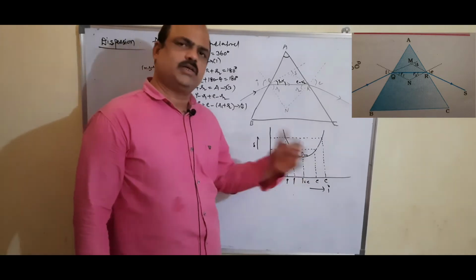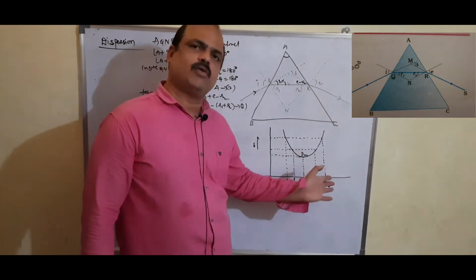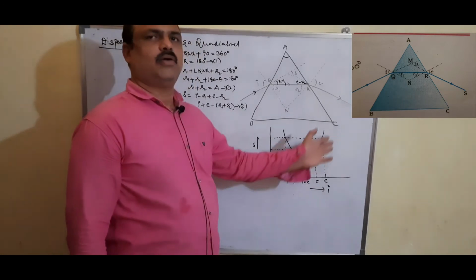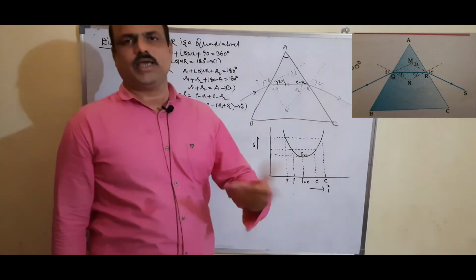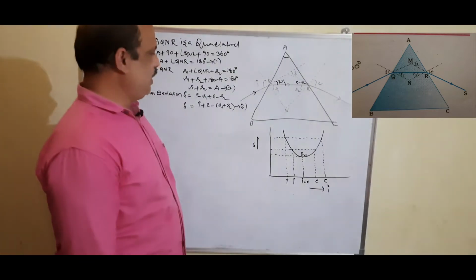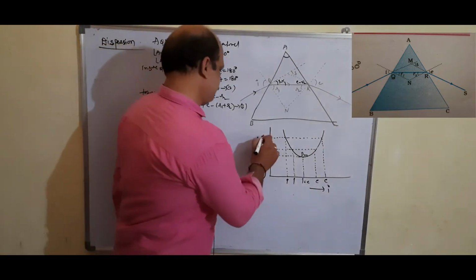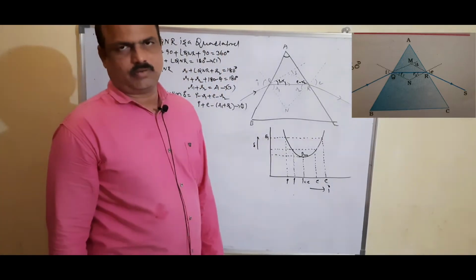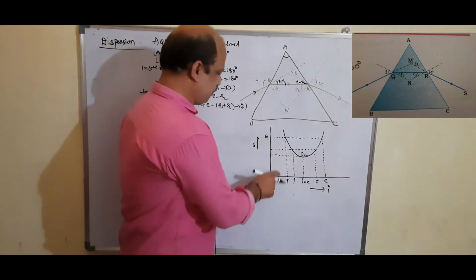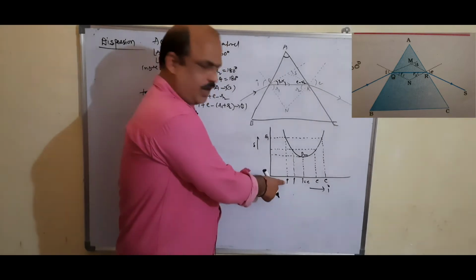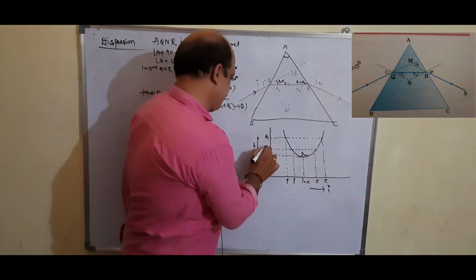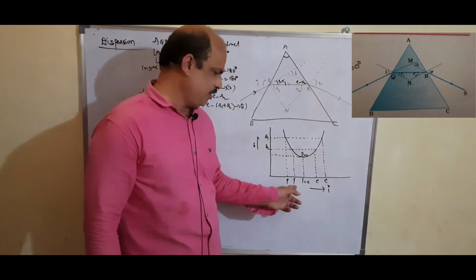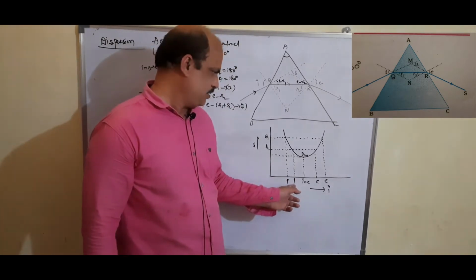Once it reaches the minimum value, if the angle of incidence increases, then the angle of deviation once again increases. So here we take one angle, delta 1, the one deviation angle. The corresponding angle of incidence is I. Now we take another angle of deviation, delta 2.